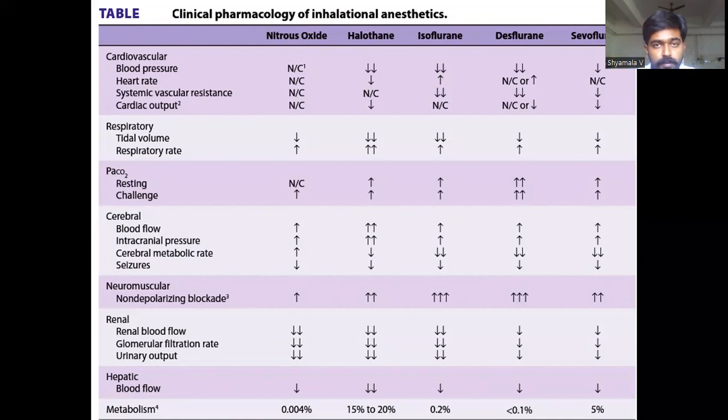The maximum is halothane, at 20%. Desflurane and isoflurane have the maximum neuromuscular blockade property. Renal blood flow will be comparatively better in desflurane and sevoflurane compared to many other drugs.